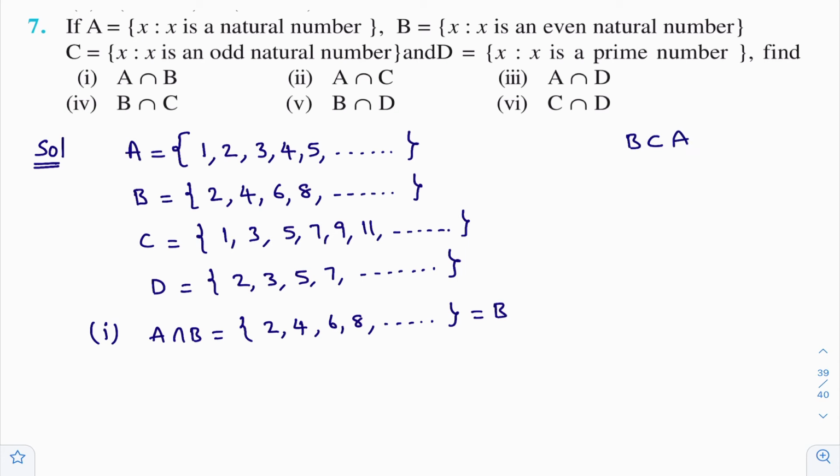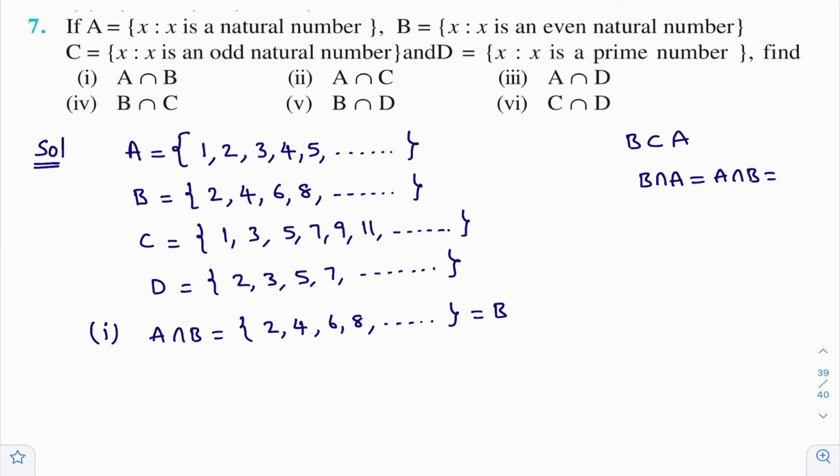When B is a subset of A, as we discussed in previous problems also, A is the bigger set and B is the smaller set. B intersection A is the same as A intersection B. When B is a subset of A, B is the smaller set, and when we do the intersection of these two sets, you will get the smaller set only.